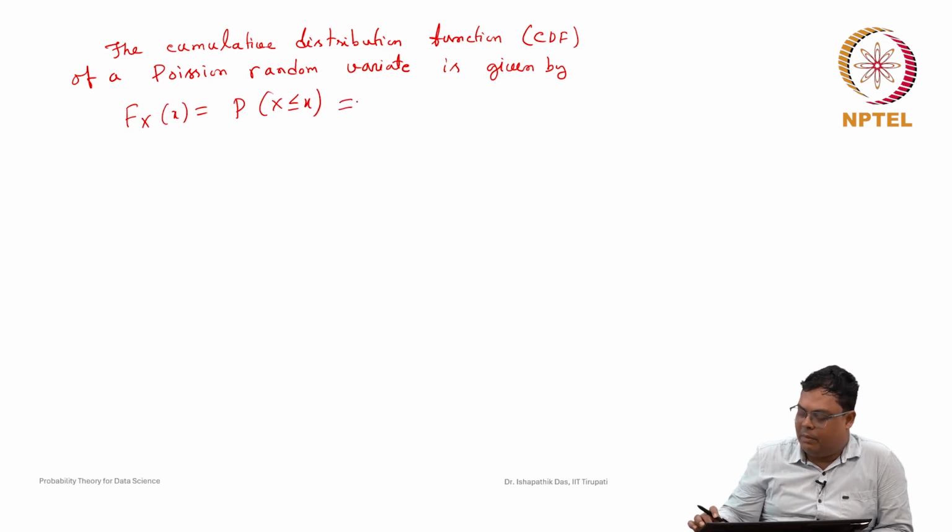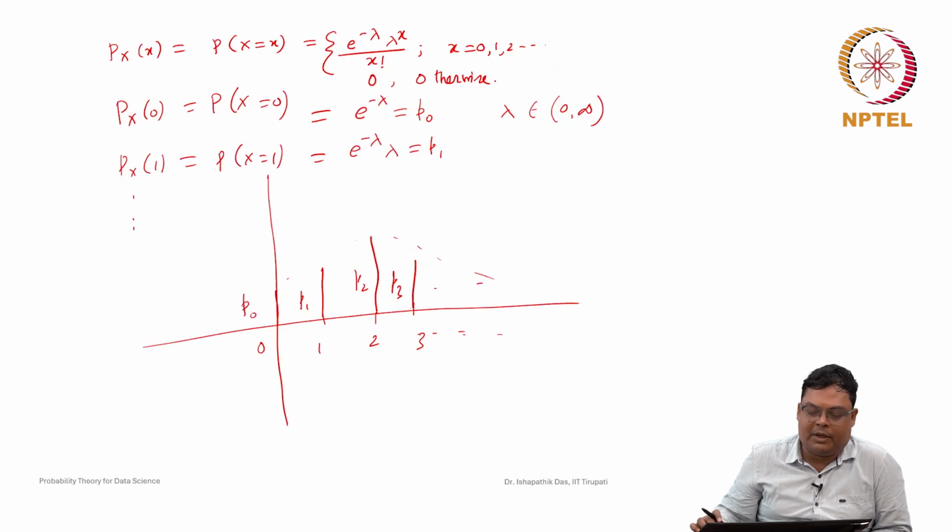We have already discussed how we can find the cumulative distribution function from the probability mass function.